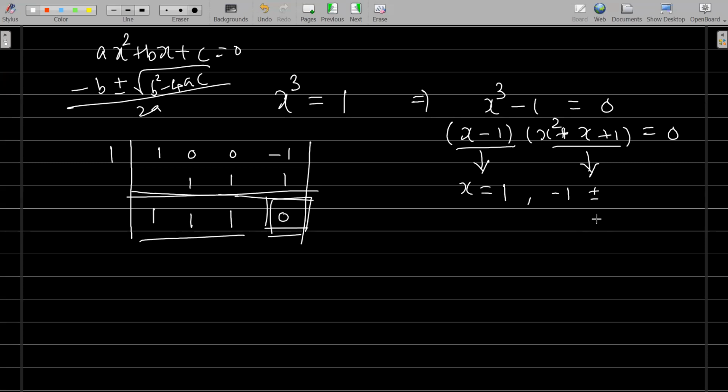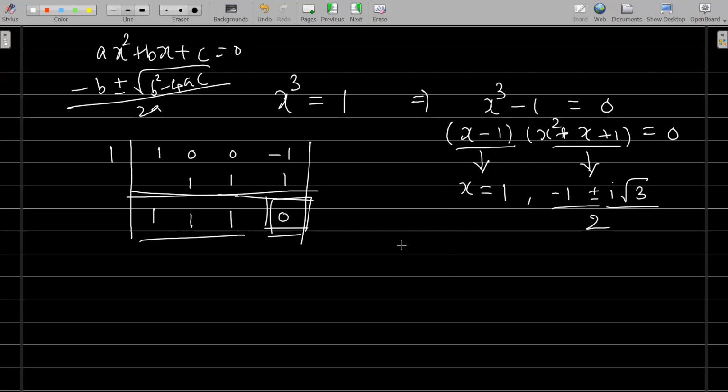So it's 1 minus 4, that is minus 3. Right? So shall I say it's 1 and minus 1 plus i root 3 by 2, minus 1 minus i root 3 by 2.